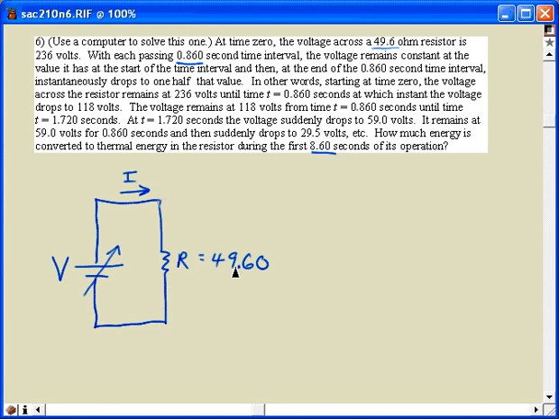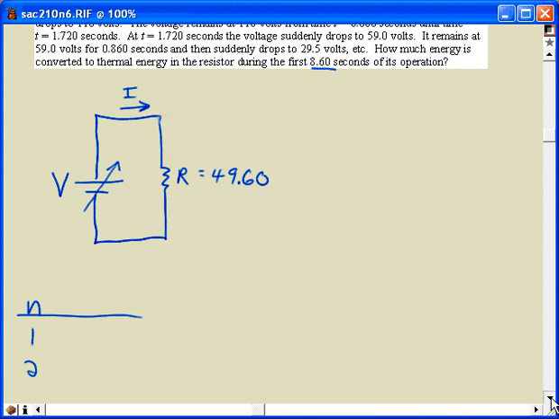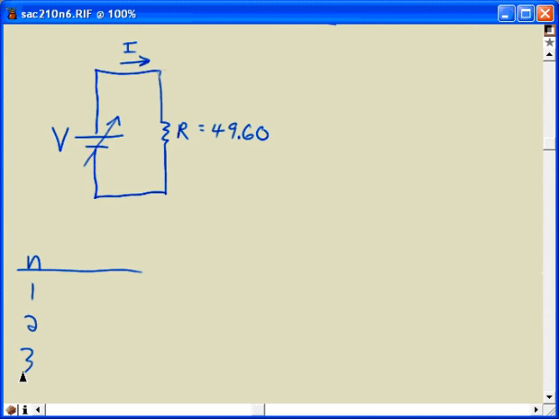So for the power during any one time interval, I'll divide the time into the first time interval, the second time interval, etc., where the first time interval goes from 0 up to time n times delta t, where delta t is equal to 0.860 seconds.